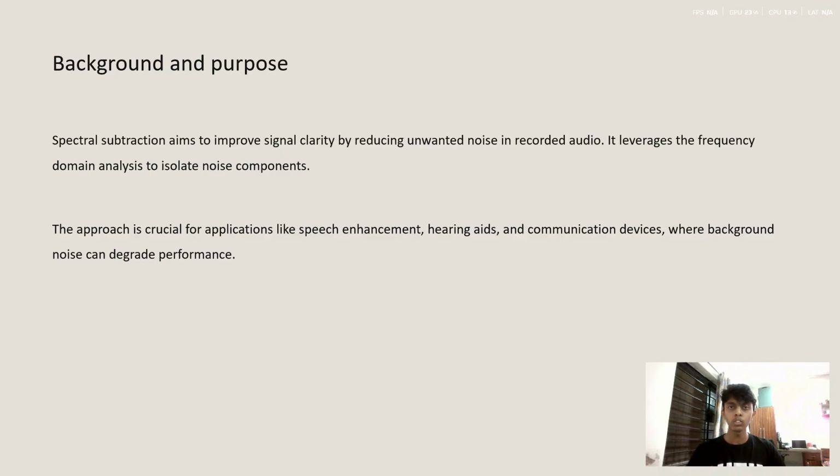If we removed the noise in the time domain, we wouldn't be able to selectively reduce specific frequencies of the noise. That's why we perform these operations in the frequency domain. This approach is really crucial for speech enhancement in hearing aids, as well as for communication devices such as phones, laptops or walkie-talkies.